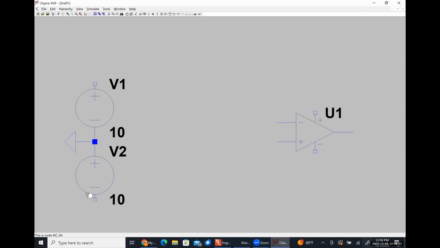Okay. All right, so one thing that I want to show you guys, I'm going to put this label as VCC plus. I'm going to put it up here. So this node is now VCC plus, and then I'm also going to drop that label over here on the positive power supply terminal of my op-amp.